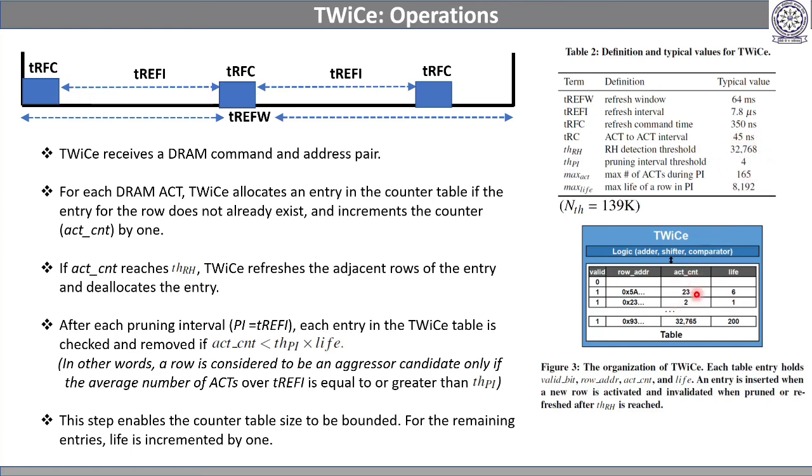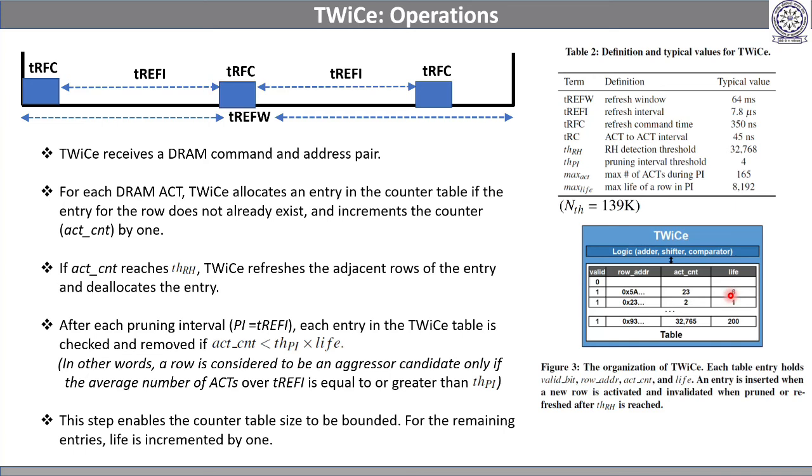But if the current value is 27, it is more than 6 into 4, that is 24. So there is a chance that this row will become an aggressor row, so we'll keep this row and change this value from 6 to 7, because now one more PI interval is completed.